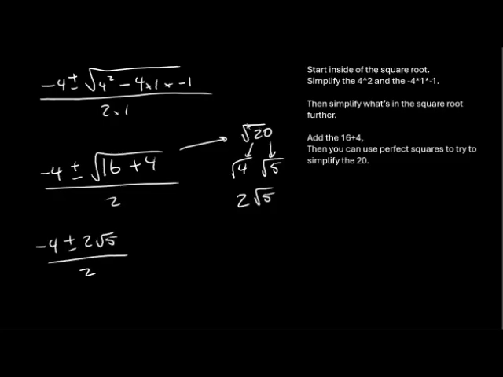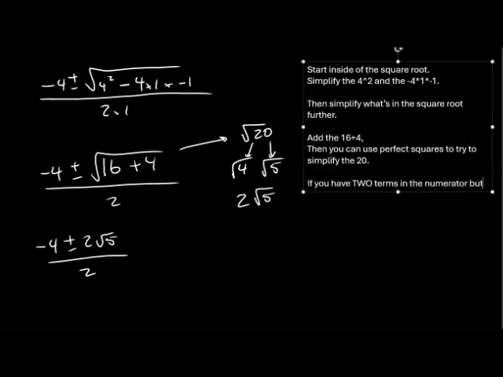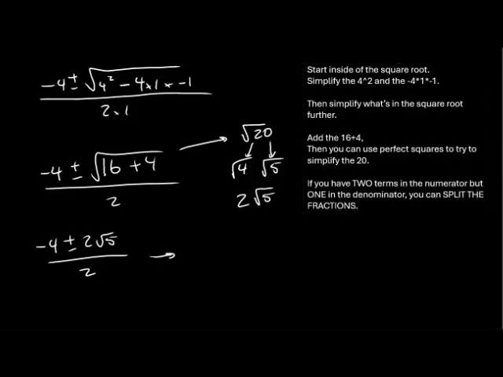We can simplify this a little bit more by splitting the terms in the numerator. Anytime you have 2 terms in the numerator but 1 in the denominator, you can split this fraction up into 2 fractions. When we split these fractions, we will get negative 4 over 2 plus or minus 2 root 5 over 2.